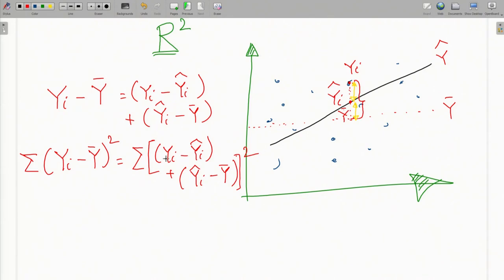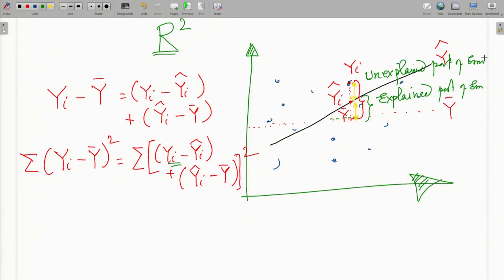For the first term, this part is unexplained, and this part is the explained part. This is what my model is able to explain of the error, and this is the unexplained part of the error.